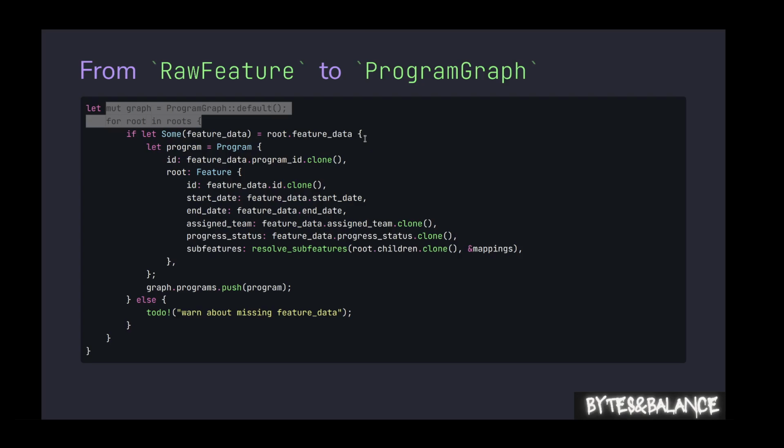If it is, then it creates a program with the root feature's data, recursively resolves its subfeatures using resolve subfeatures here. And then we're going to get back to this and see why it is recursive and how it could be recursive. And the constructed program is then added to the graph.programs list. And if it's missing, then we've got a to-do here. So this is not implemented.